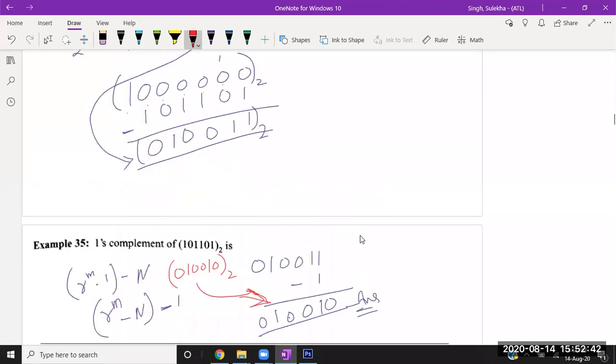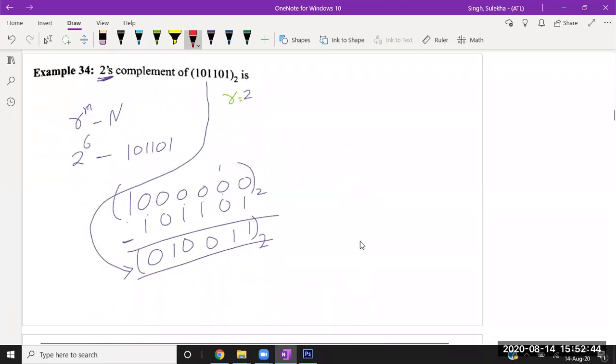Another shortcut, if you want to directly calculate two's complement, is for this example, start from your right side, and whenever you reach your first one, copy all the numbers as they are till the reaching point of your first one. After reaching the first one, reverse all the other numbers.